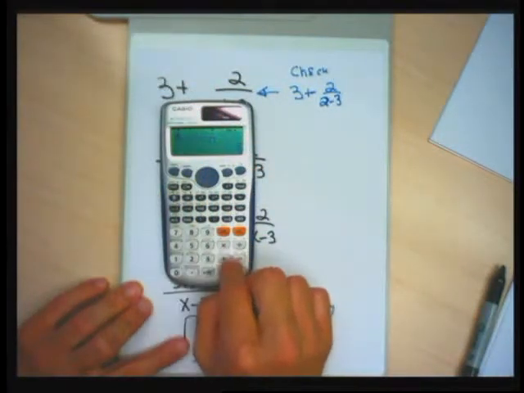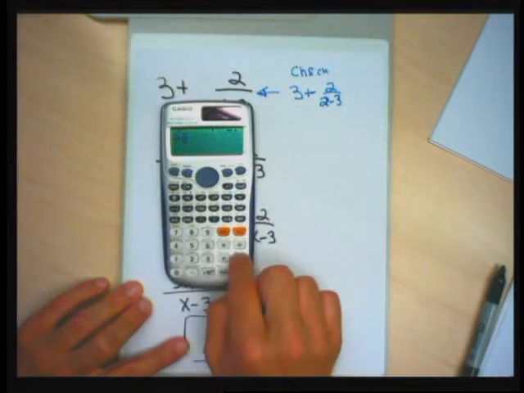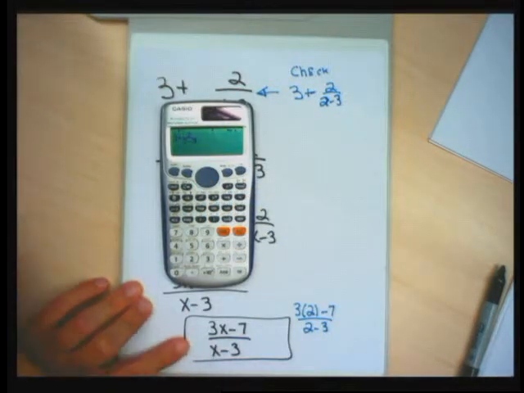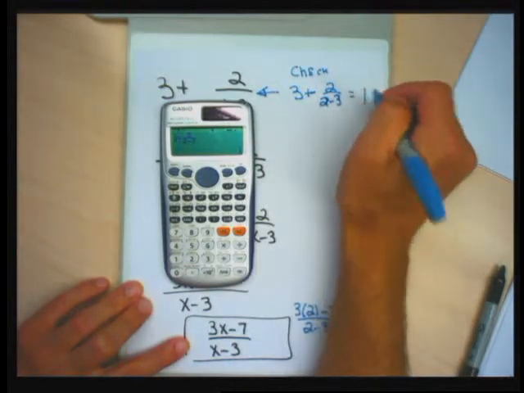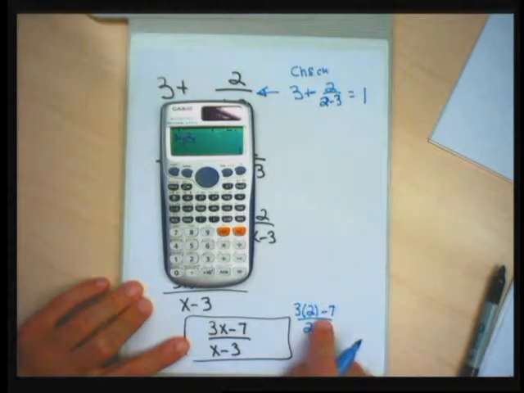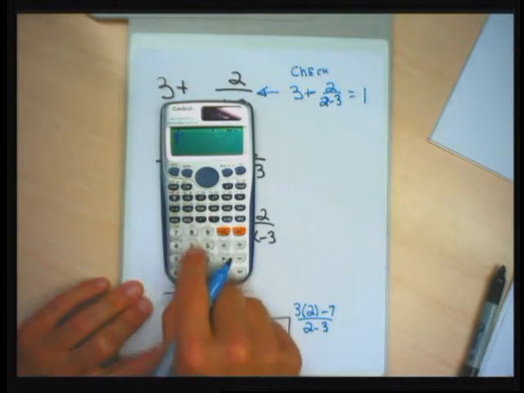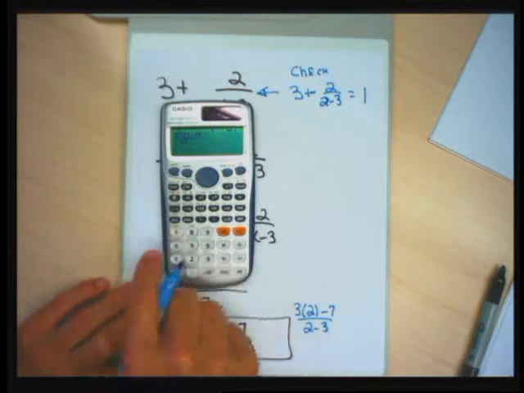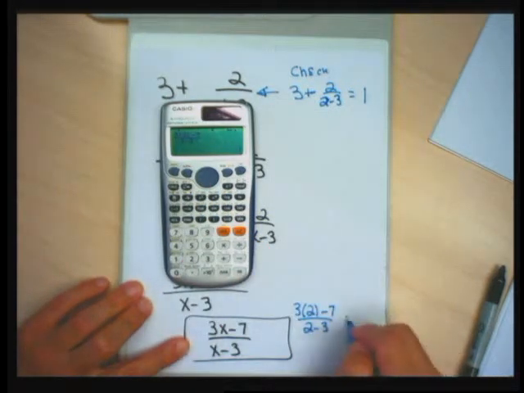So I'm going to go 3 plus fraction 2 over 2 minus 3, plugging 2 in for x into the original problem, I get 1. Oh. And if I do the same for the answer, do fraction 3 times 2 minus 7 over 2 minus 3 and hit enter, I also get 1.